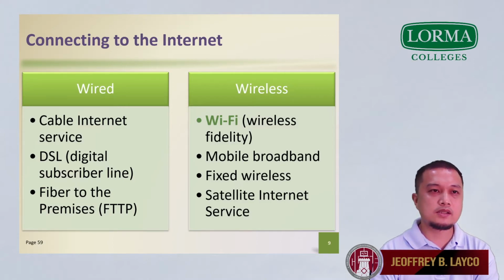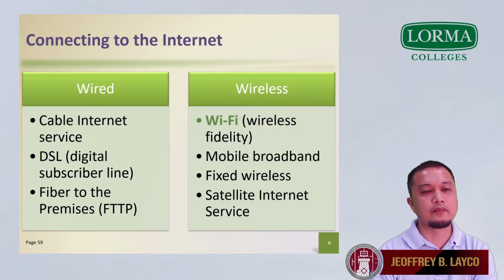Another one is DSL, or digital subscriber line. This also provides high-speed internet connections through the telephone network via a DSL modem. Another one is fiber to the premises, or FTTP, which uses a fiber-optic cable that provides high-speed internet access via a wireless modem.